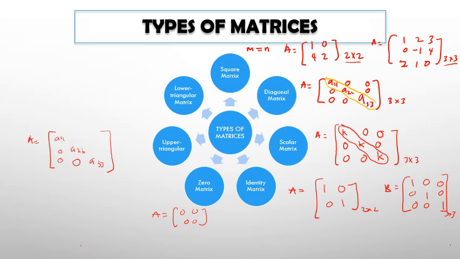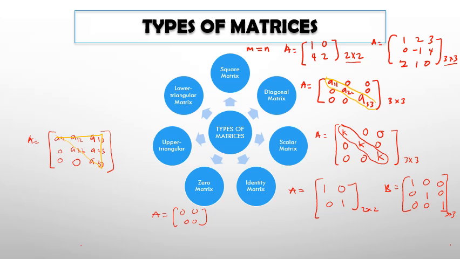The rest can be any number. So we have A12, A13, A23. You can see a triangle here. That's why it's called upper triangular, because it's on the upper side, above the diagonal.